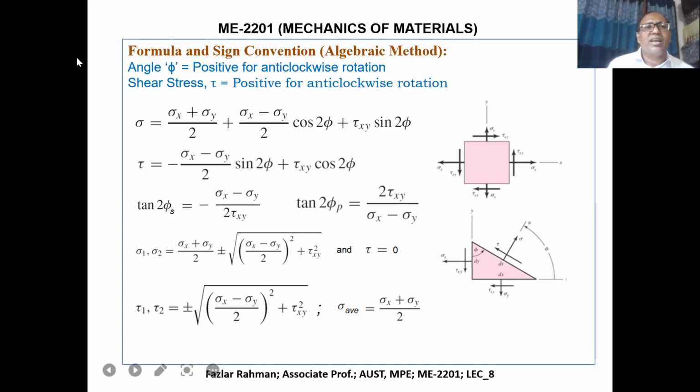Where you look, you have to look right over here. If this tau is trying to rotate anti-clockwise, then this tau is positive. For tau, you don't look at the other three sides, just one side. Then you look for sigma. Is sigma compression or tension? If it's tension, then positive. If compression, then negative.